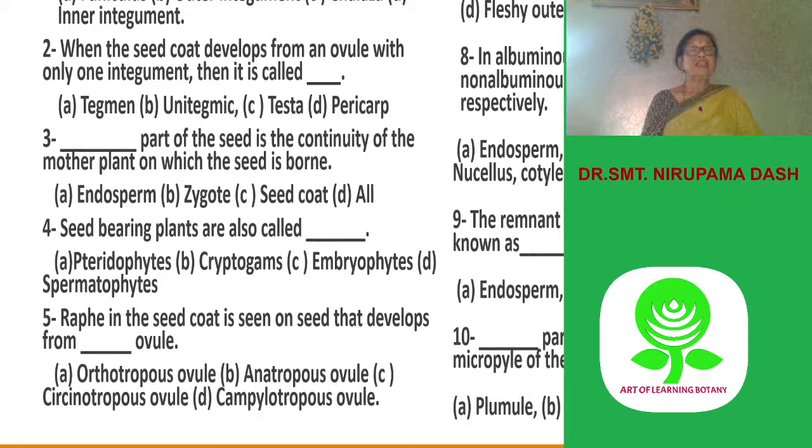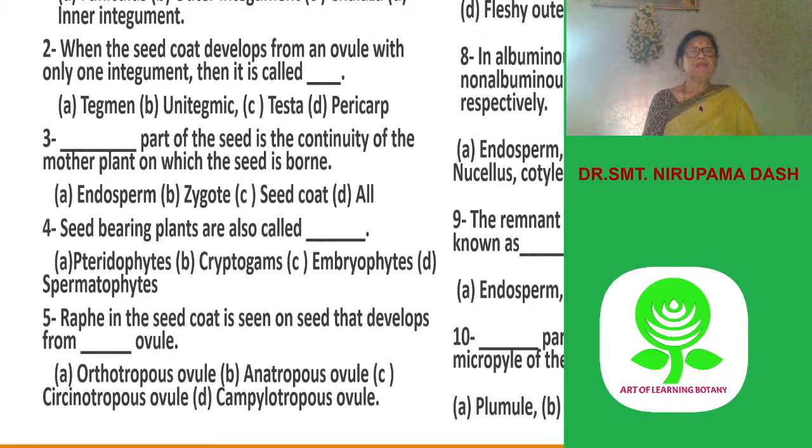Then third question, dash part of the seed is the continuity of the mother plant on which the seed is born. The correct answer is seed coat, and that is C. Then fourth question, the seed bearing plants are called dash.